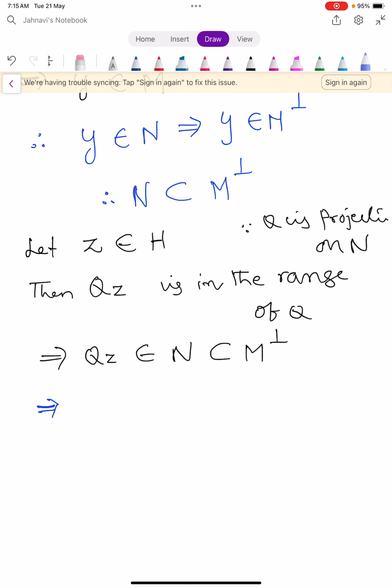By observing this, QZ belongs to M perpendicular.